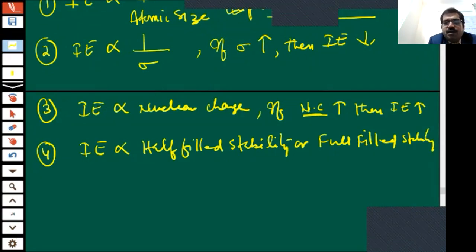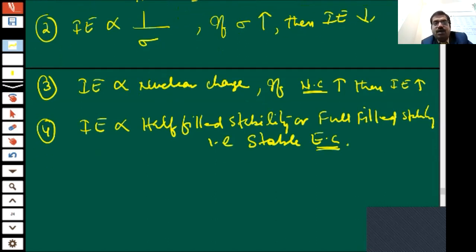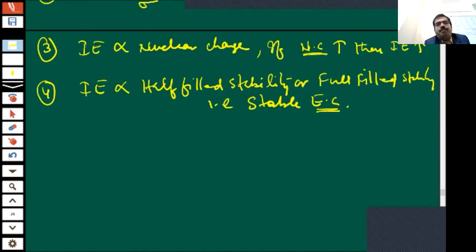Okay, that is, stable electronic configuration. EC means electronic configuration. So if the electronic configuration is stable, it is difficult to remove an electron. Everything I will discuss when the problem solving session starts. Okay, children?